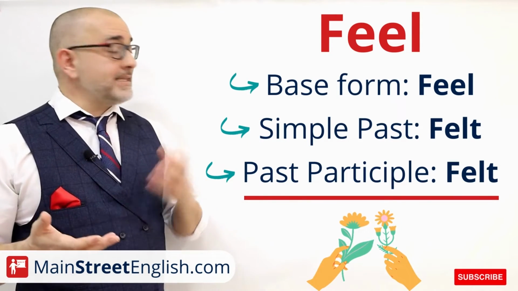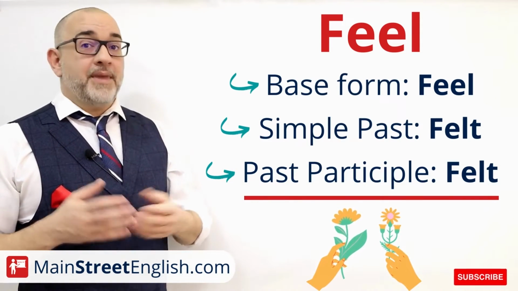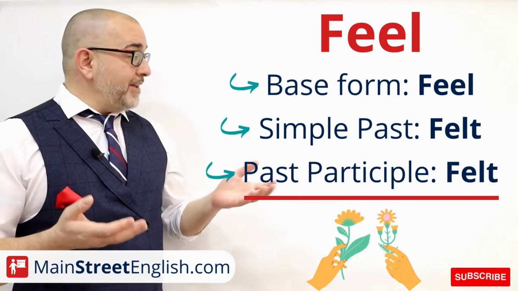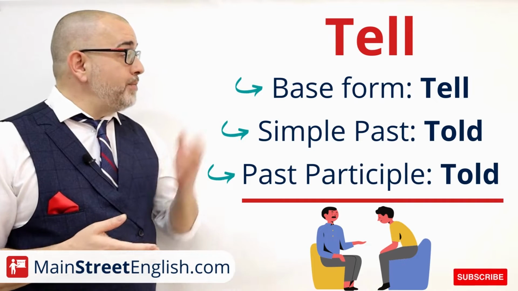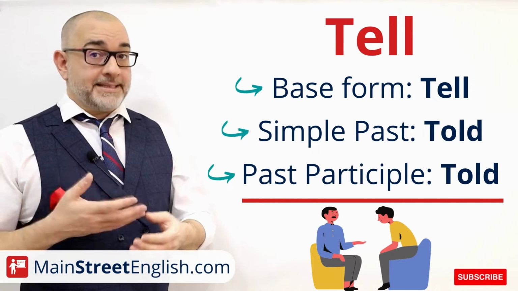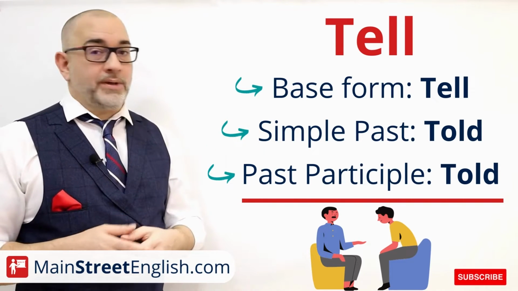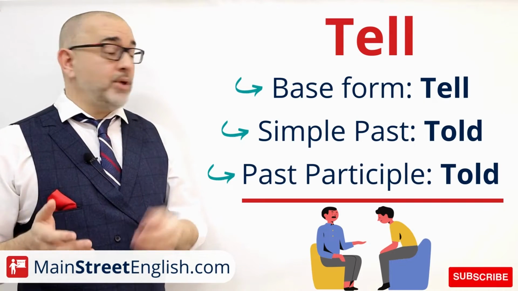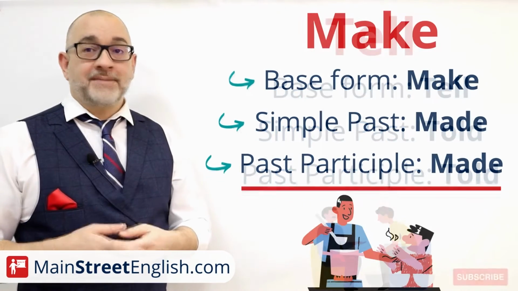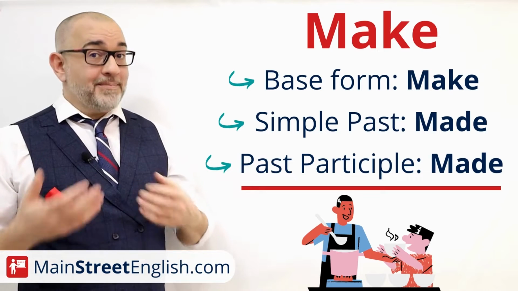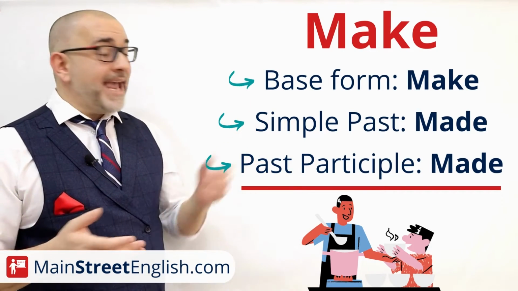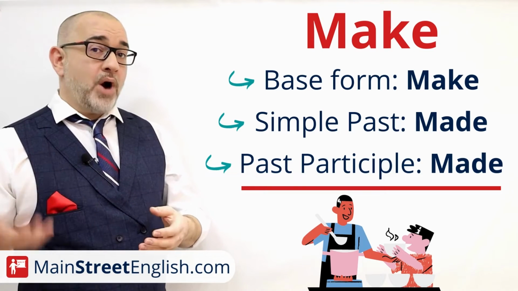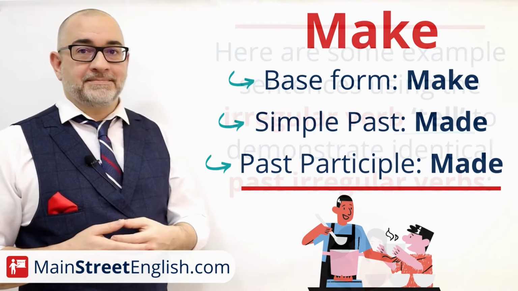The simple past, felt. The past participle, felt. Tell. The base form, tell. The simple past, told. The past participle, told. Make. The base form, make. The simple past, made. The past participle, made.